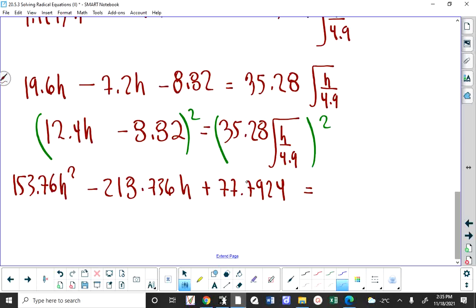What do I do here? Well, from grade 10, if you have two things multiplied and you're squaring them, that means you have to square each of them. Because AB squared means AB times AB. So you have an A times an A and you have a B times a B. So I have to square 35.28.